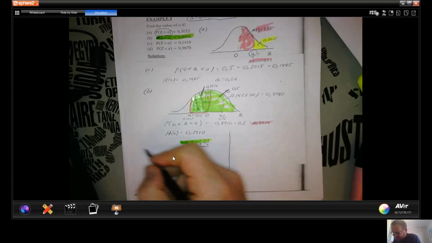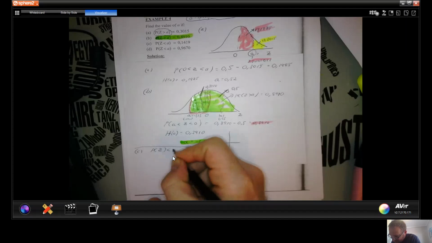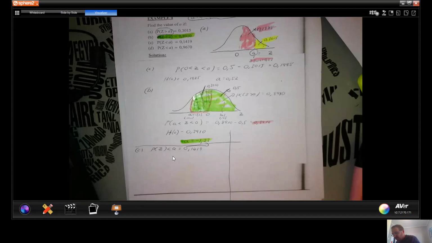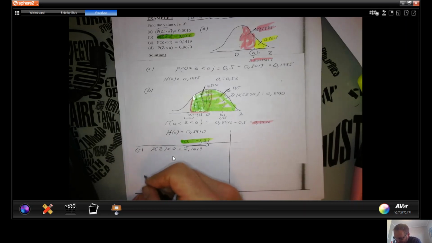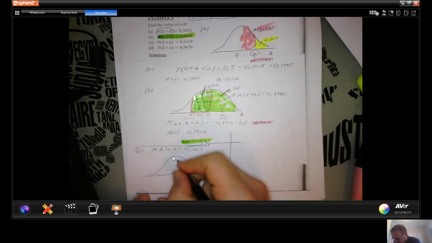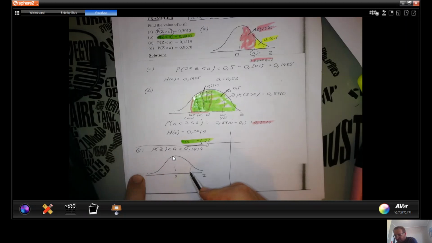Okay, and C says, what is the probability that Z is less than A is equal to 0.1419? Again, you need to get your diagram correct. If you get your diagram right, I think it's easy. So 0.1419, that area to the left. Here's a Z score of 0. If I put an A over here, that area would be way bigger than 0.5. At this point, to the left would be 0.5.